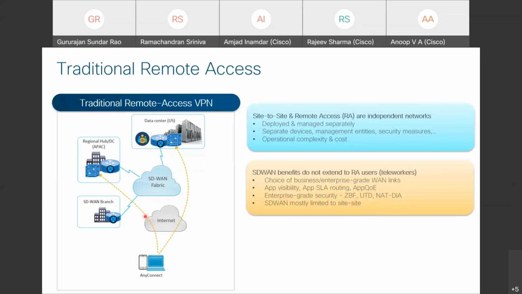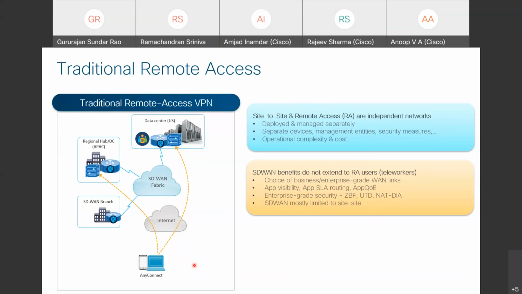We also saw that most remote access users typically rely on an internet connection. For example, let's say a user in India is trying to access some applications in a US data center over a single internet connection. This could impact application quality of experience, because when a user is sitting at a branch, on-prem, the user has the choice of business grade WAN links like MPLS links or leased lines, and has the benefit of application visibility.